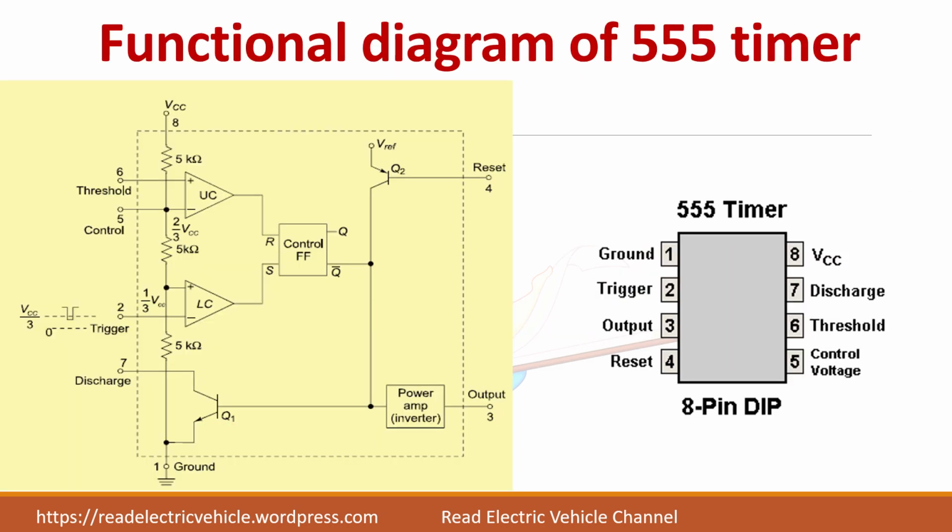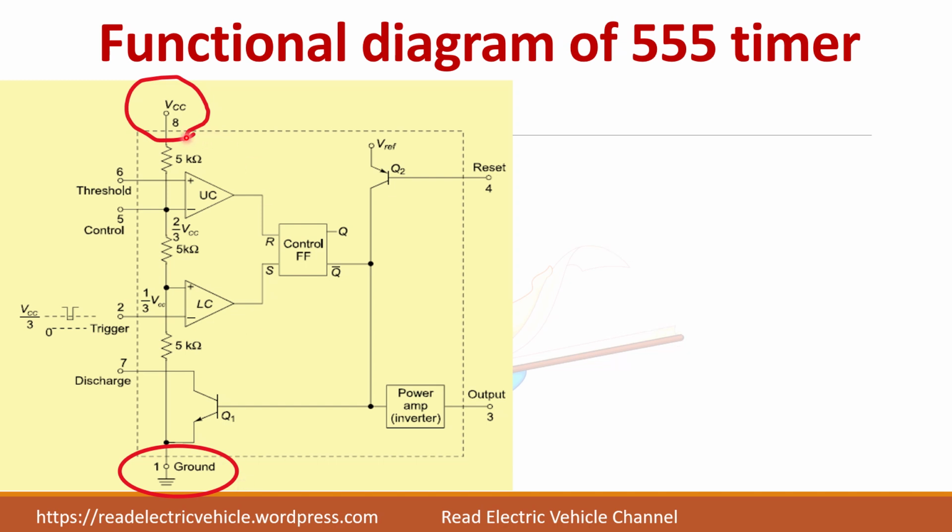Let us see the functional diagram of the 555 timer. First we have this VCC, and at the other end we have the ground. In between these two there are various parts which we will see first.